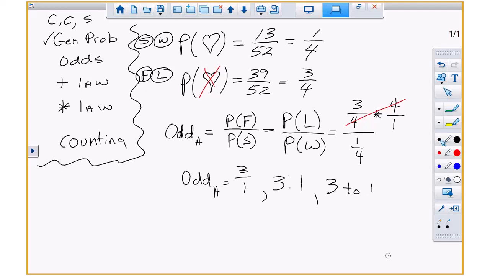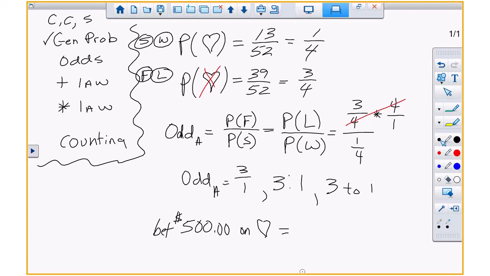Now, just like the roulette question, I will ask you, what happens if you bet $500 on a heart? Then what do you win? Well, what's 3 times 5?